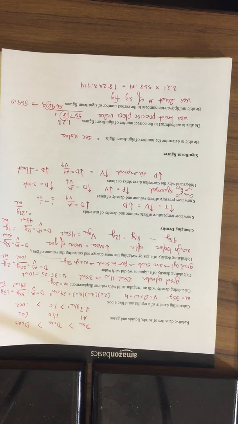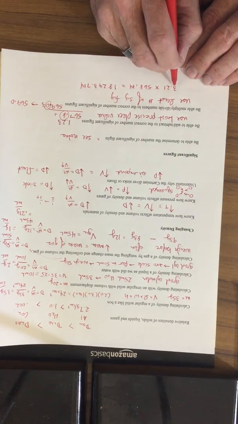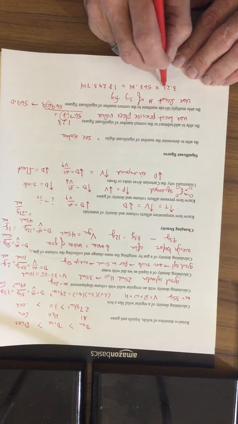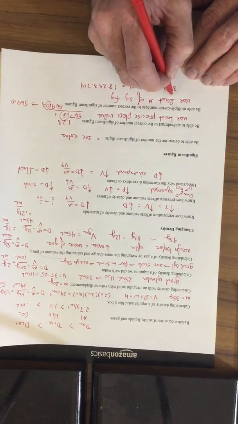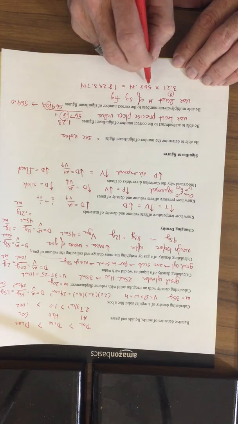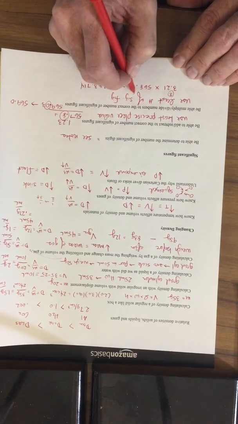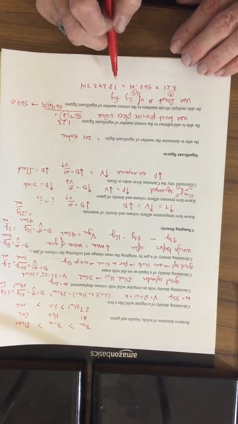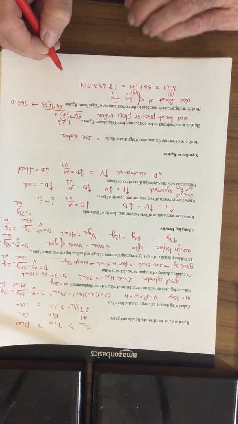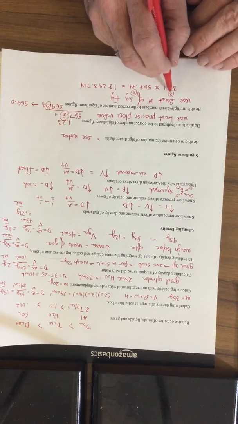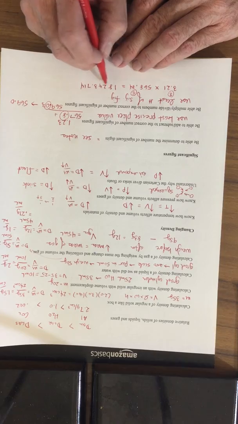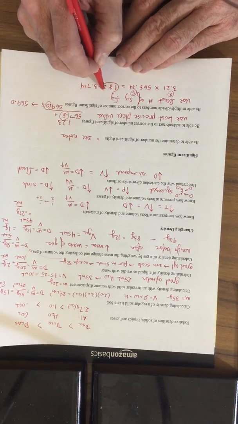Question is, what will my correct answer be? This is a hard one. How many digits do I have here? I have 1, 2, and 3. So I have 3 significant figures here. I have 1, 2, 3, 4, 5 here. And I need to use the least, which means I have to round to something that has 3 digits. Well, if I go 1, 2, 3, here's my 3 digits here.